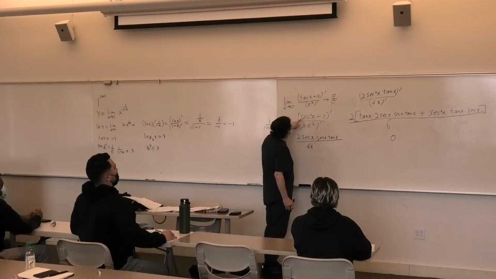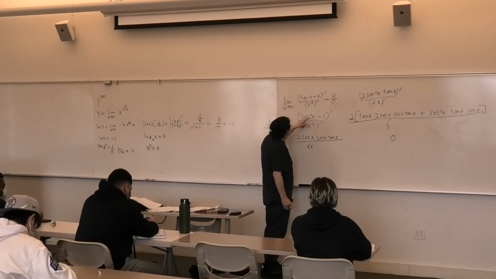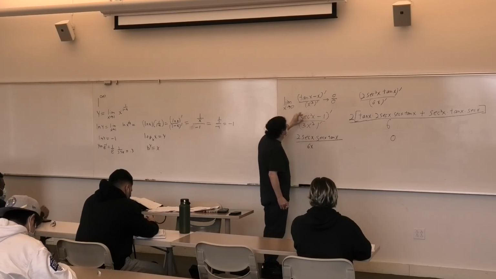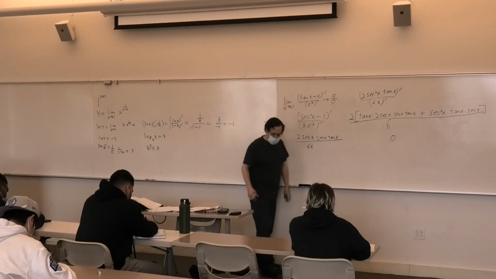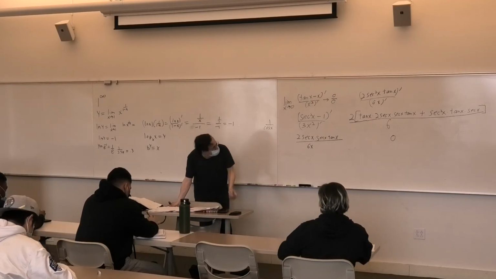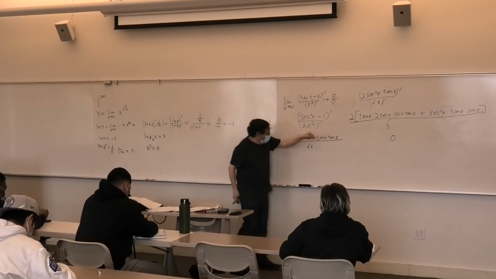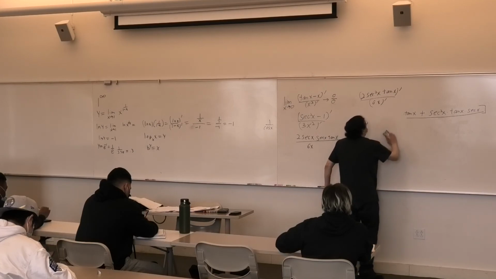Yeah, so 2 secant of x times, I'm using the power rule and the chain rule, 2 secant of x times the derivative of the secant of x, which is secant times the tangent. But there's a mistake here. I don't know what the mistake is, but my notes tell me I missed an opportunity here.